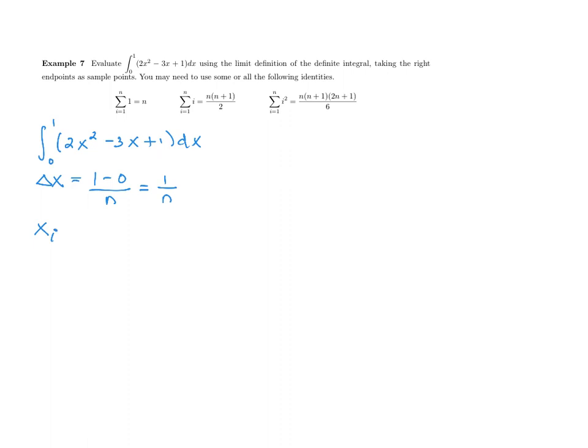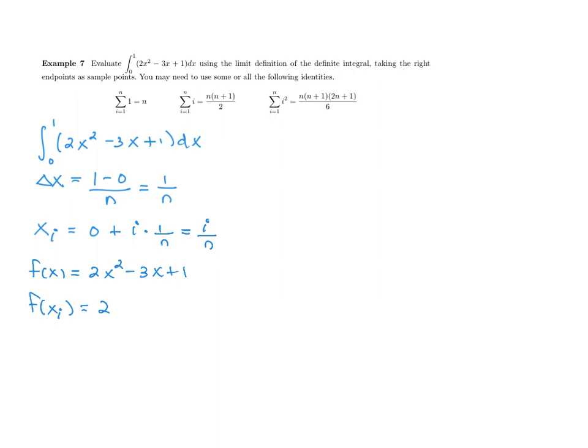We need to know x sub i. That's equal to our starting point, which is the lower bound of 0, plus i times delta x, which is 1 over n. And this whole thing just equals i over n. Our function f of x inside the integral is 2x squared minus 3x plus 1. And here we have to figure out, well, what's f of x sub i?